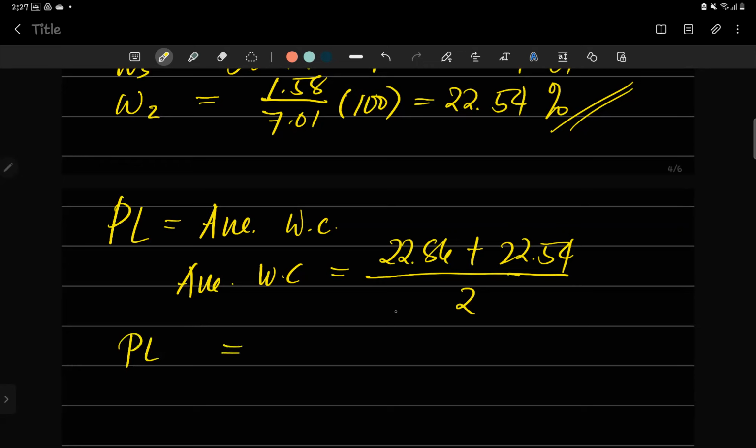That's equivalent to 22.7%. So this is our plastic limit.